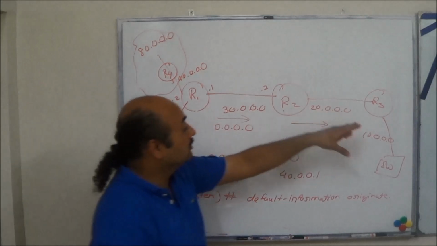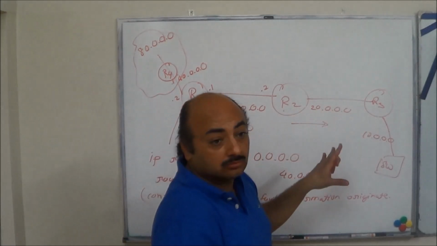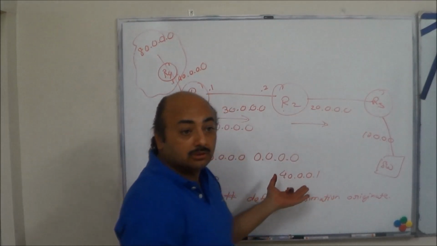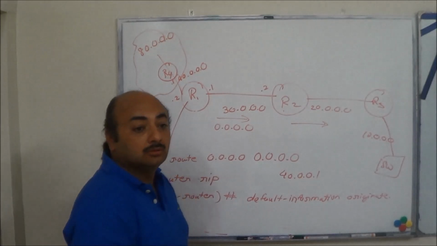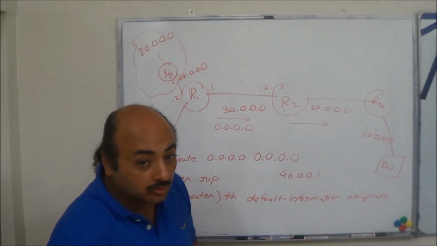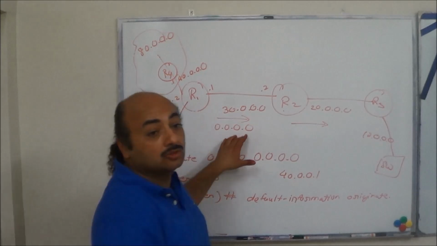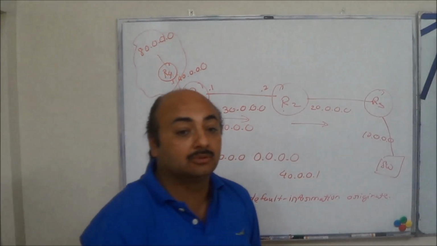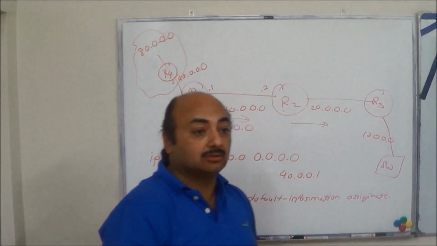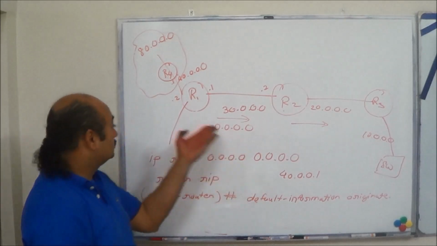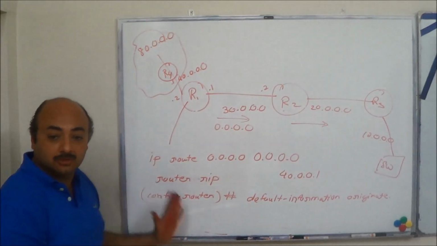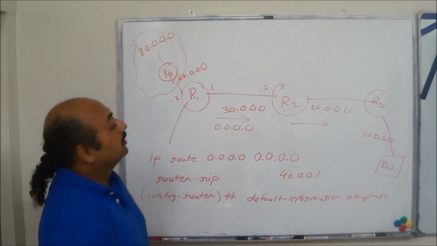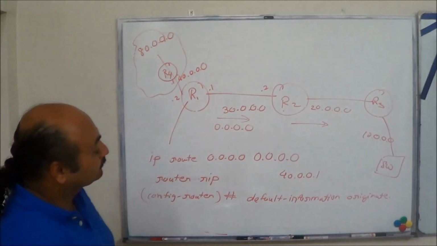Obviously 10 and 20 they know using the routing protocol, and the default route also they are learning via RIP. So that also helps. This clear?